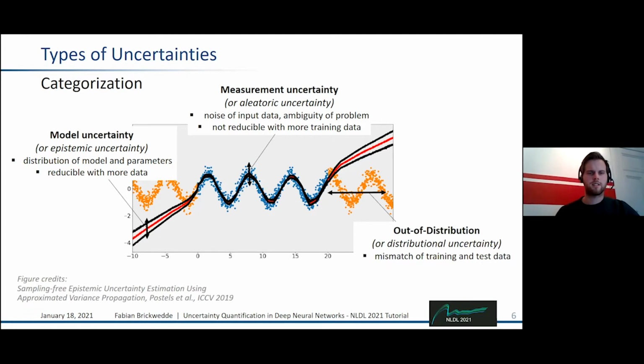And exactly this case is also sometimes made explicitly. So the fact that the networks provide higher uncertainties if the test data is different from the training data. And this is then called out-of-distribution detection or distributional uncertainty. And as mentioned, this relates to the mismatch of the training and test data.